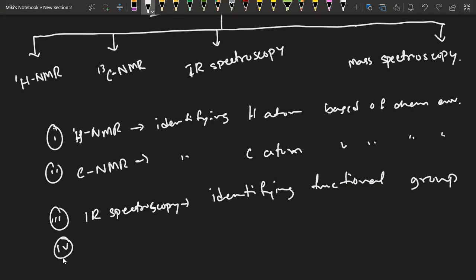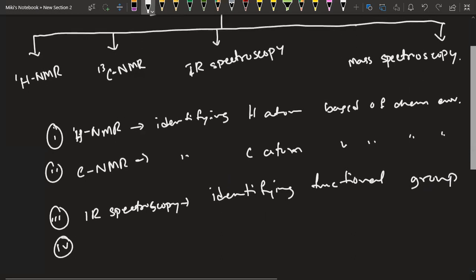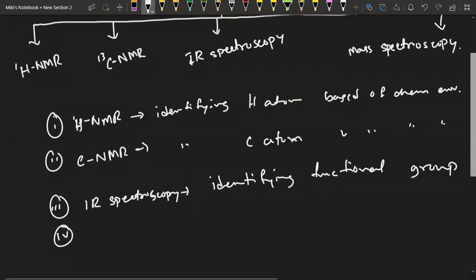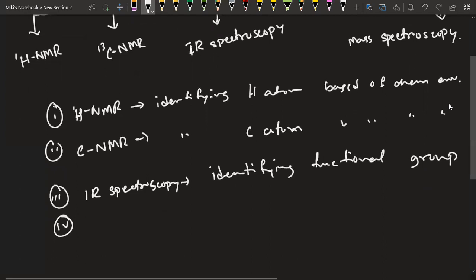And in our fourth number, we have mass spectroscopy. As the name suggests, it is based on the mass. This is an experiment to identify the mass of the molecule, so the molecular mass. In order to identify the molecular mass, we use mass spectroscopy.